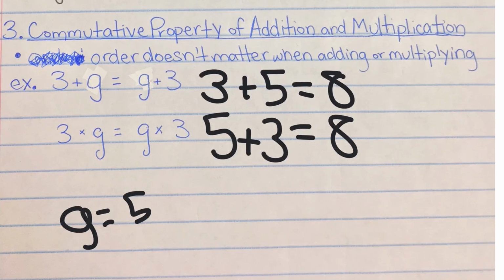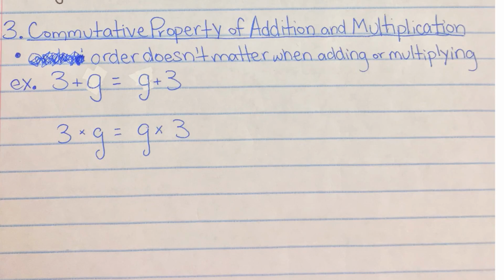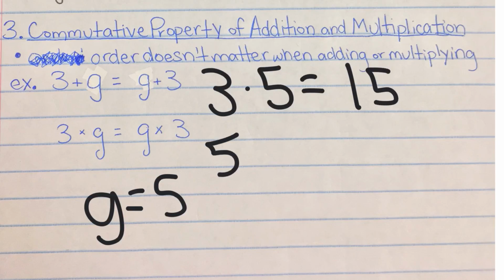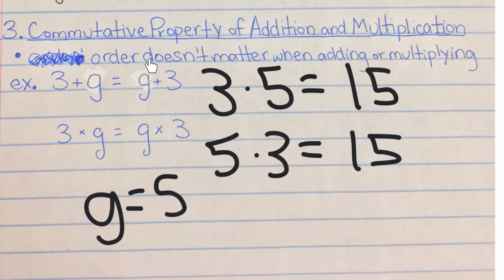So for the addition, we know that works. Now if we move on here, and G still equals 5, let's say we have 3 times 5 equals 15, and if we flip the order, 5 times 3 still equals 15. So the commutative property of addition and multiplication just means that the order doesn't matter.